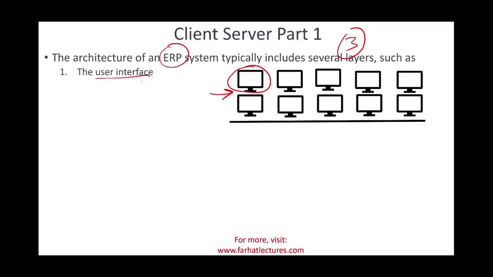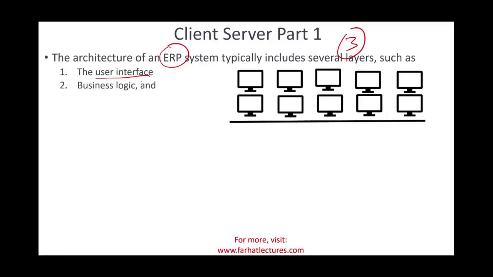So this is one component, one part, one piece of the ERP, which is called the user interface. And this is what you and I as users see when we are dealing with an ERP system. I'm pretty sure if you place an order at Amazon, when you look at the screen, those are user interfaces. And I'm going to talk a little bit more about them.